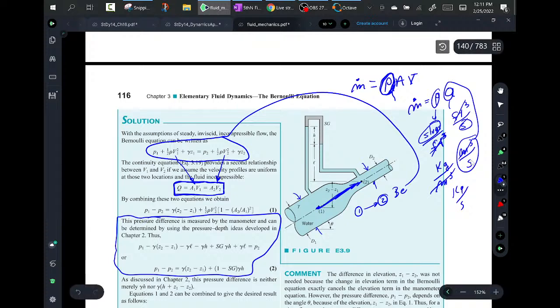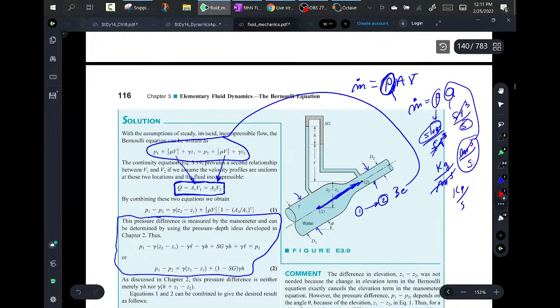Now you're working a different set of equations. You basically come up and you're going a vertical distance through the flow, through the manometer. You continually go through this until you reach point 2. So what did he do? He started at 1. He went up.